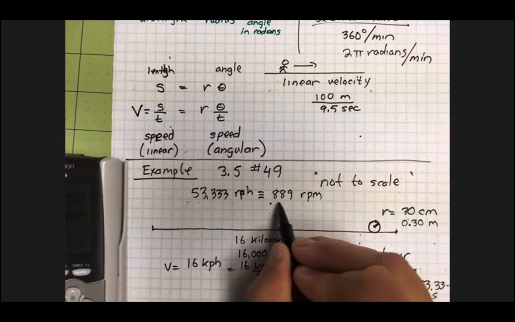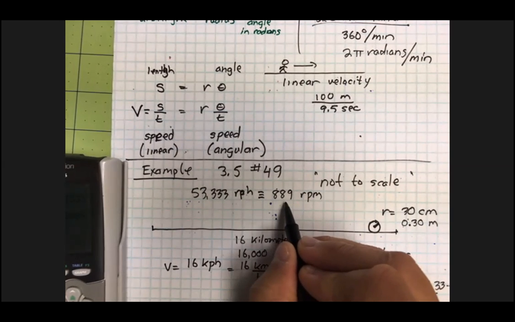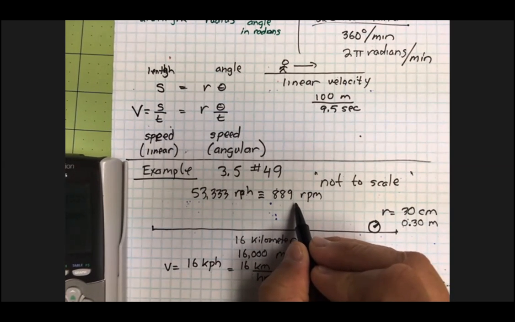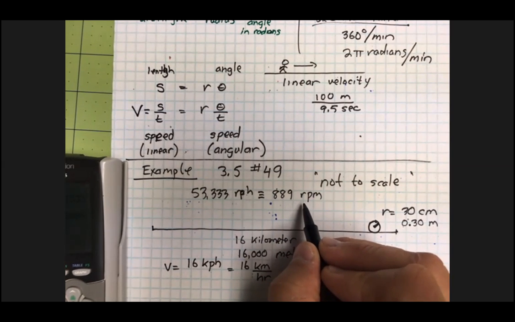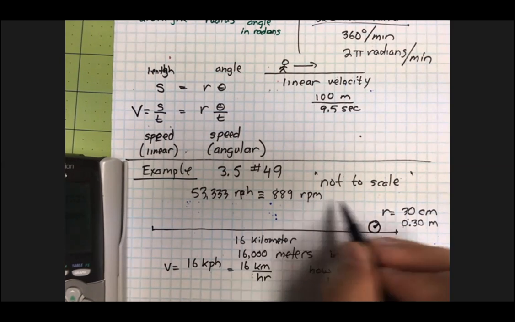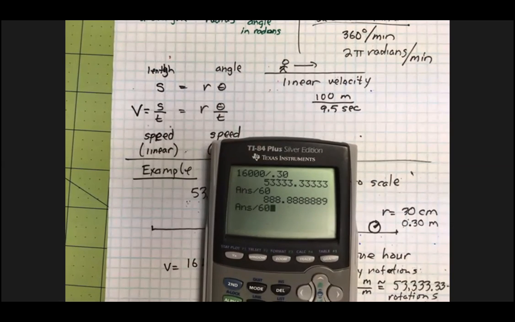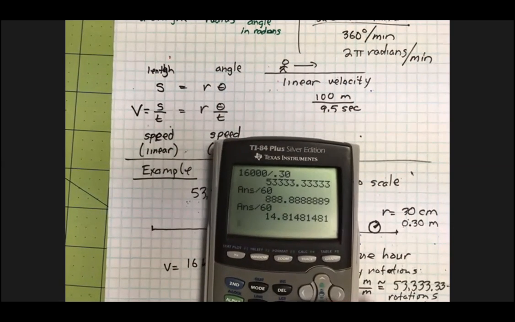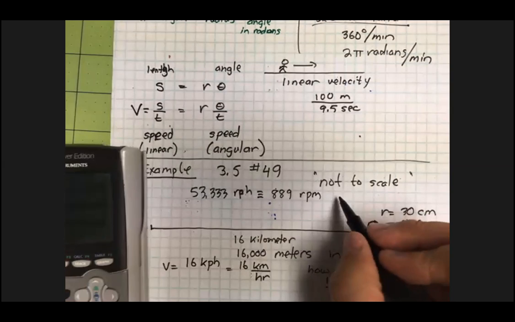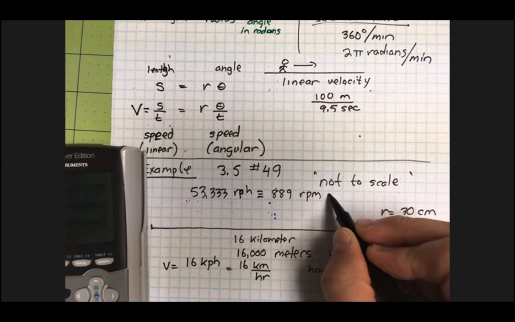Her bike tire was rotating at 889 RPMs. Now let's think about that in rotations per second. How fast was she pedaling? Let's divide by 60. 14.8 rotations per second.